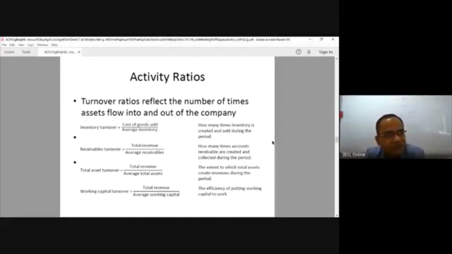It depends on the particular industry also. Say a supermarket chain will have a much higher total asset turnover compared to the steel business, where turnover will not be that much. So it depends on the industry.